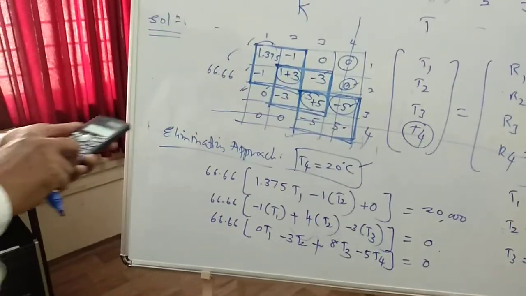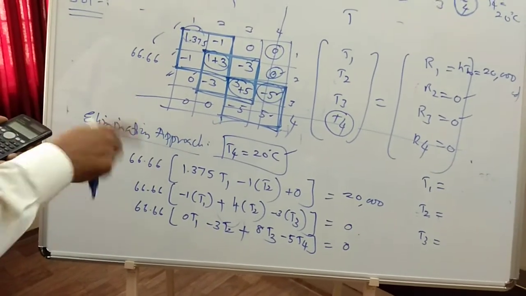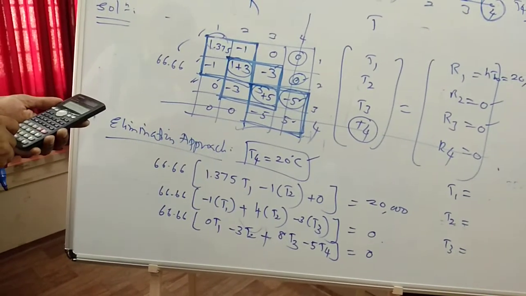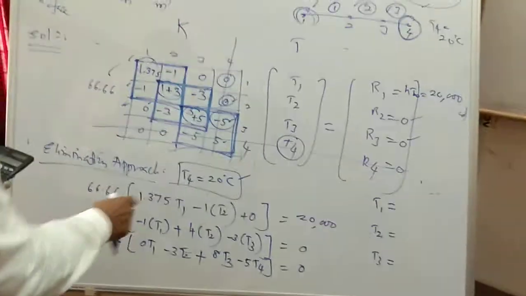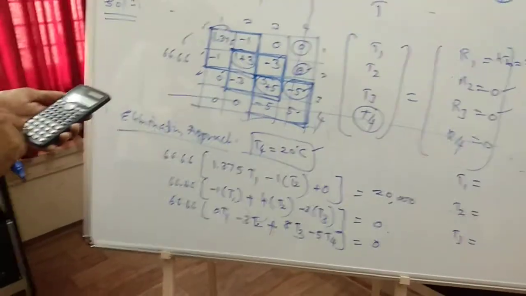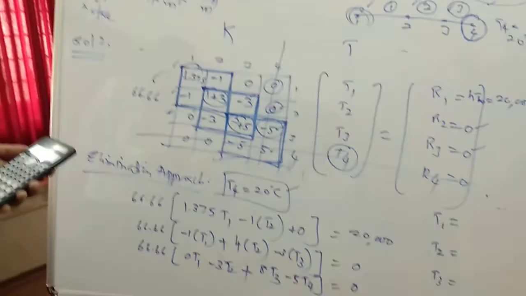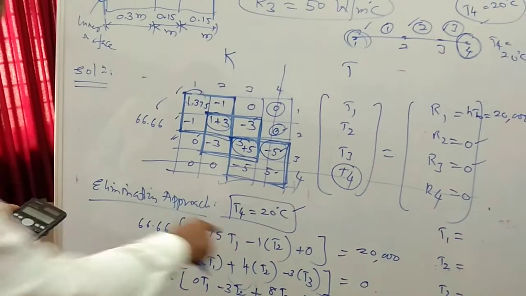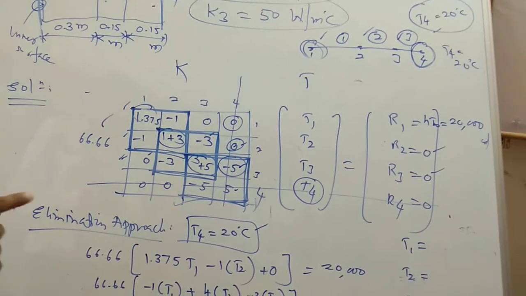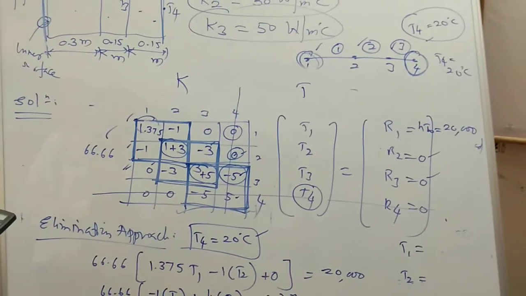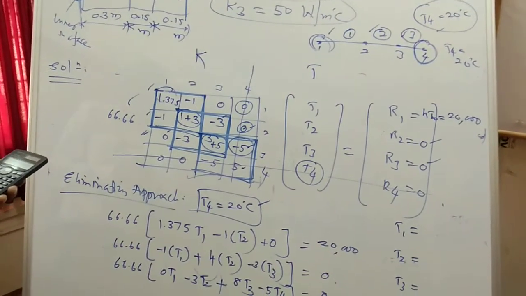Now we solve these three equations. Since there are three unknowns, T1, T2, T3, first I will write the A1 row: 1.375, minus 1, C1 that is 0, and the last one 20,000.